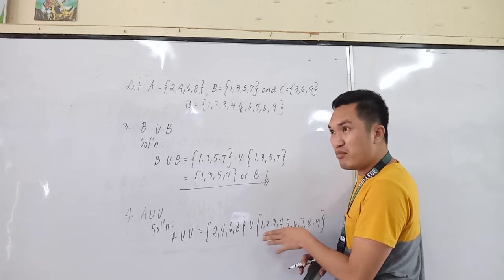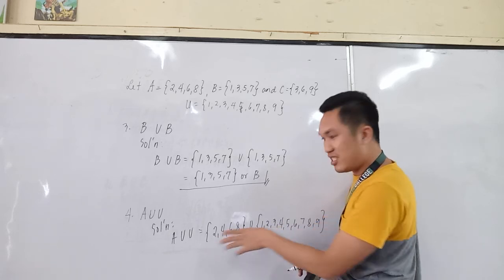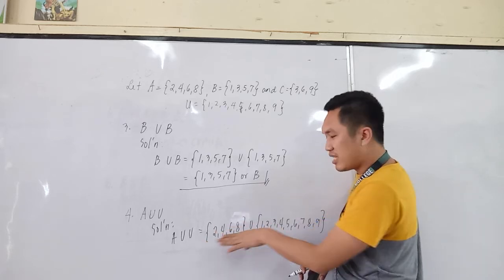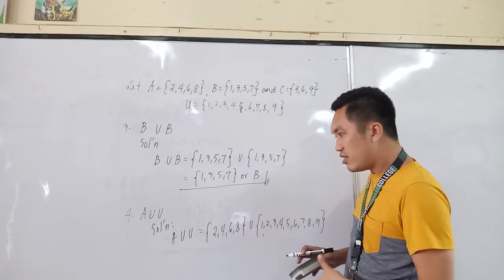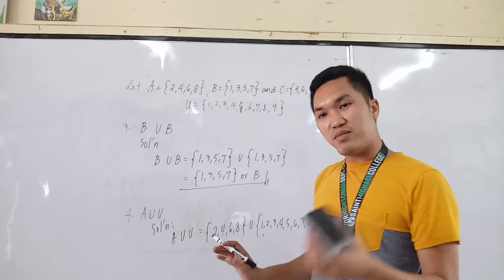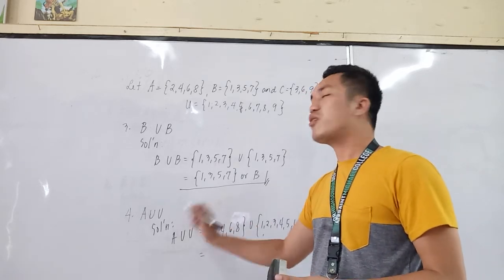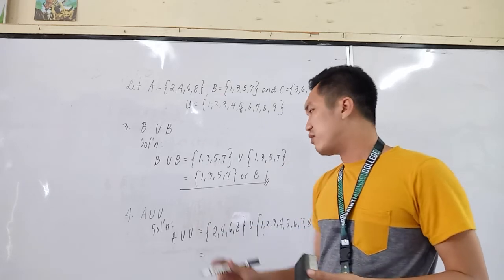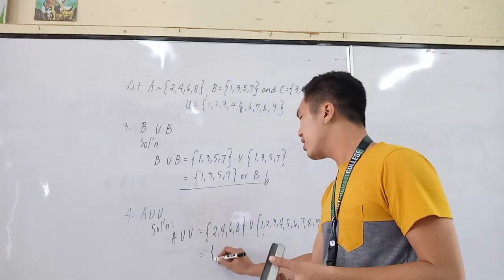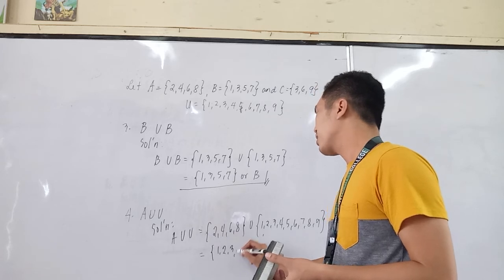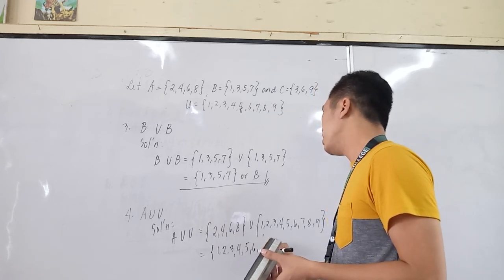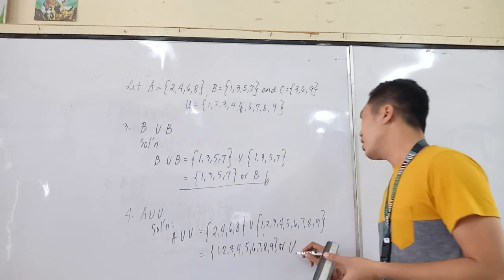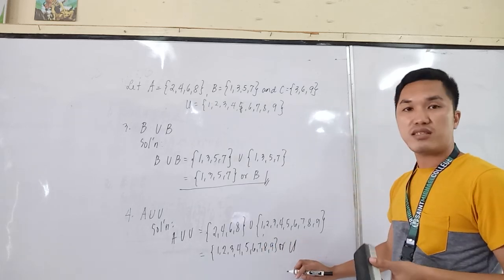Since these elements can be found in the universal set, it is called a subset. So when we combine, or unite, a set to a universal set, the answer is the universal set, 1 through 9, or simply the universal set.